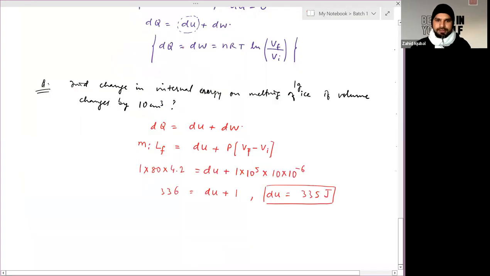Let's start with this part. In last class, I had explained you about isothermal process which is carried out at constant temperature.